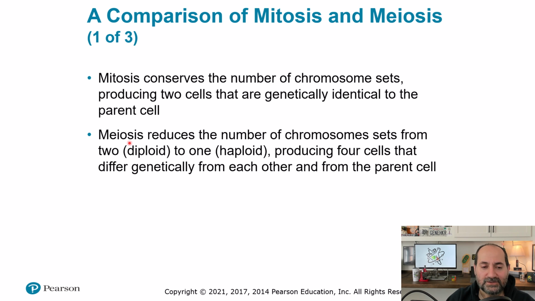However, meiosis, which was the focus of this chapter, chapter 13, involves reduction in the number of chromosome sets from 2 diploid or 2N to 1 haploid or just simply N, producing 4 cells that differ genetically from each other and from the parent cell. And these are known as the haploid gamete cells, the sperm and the egg.